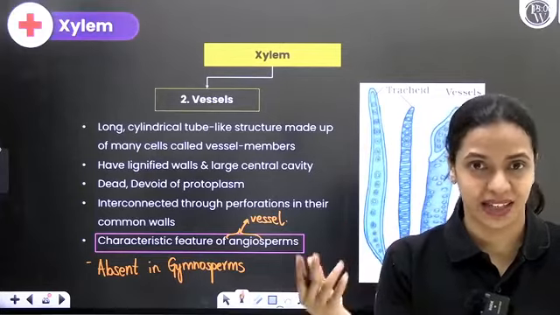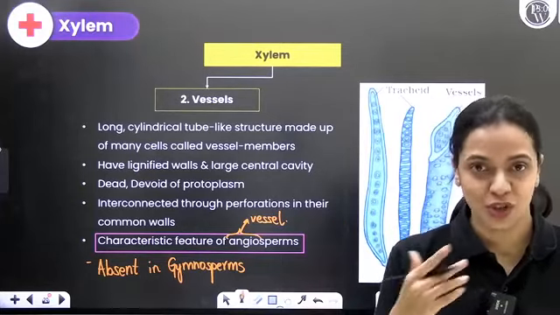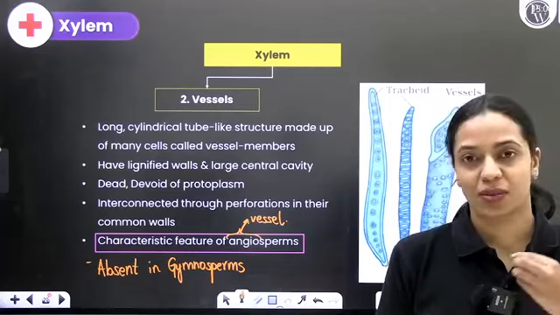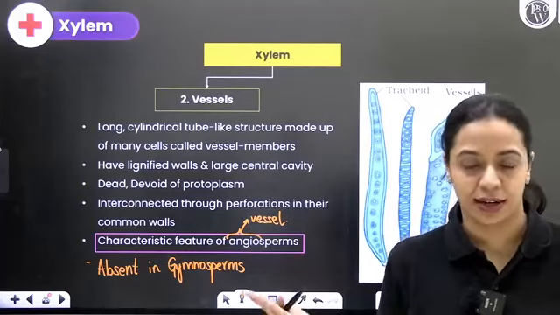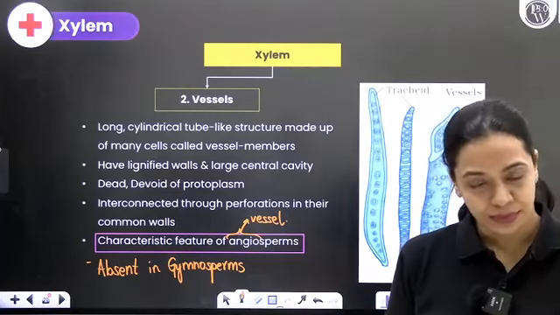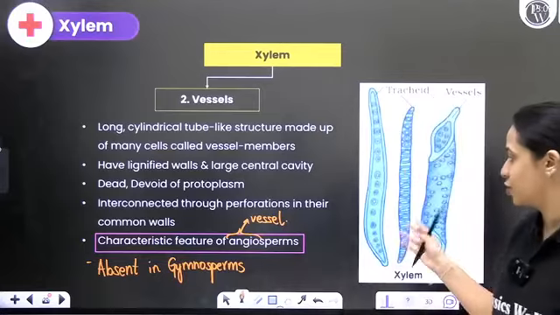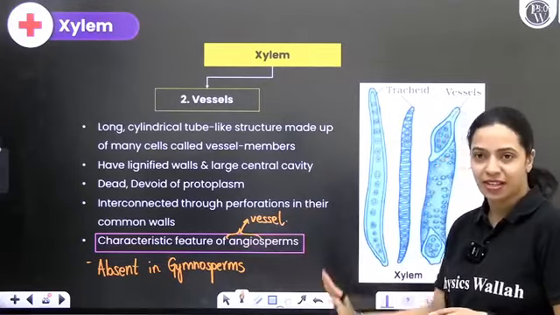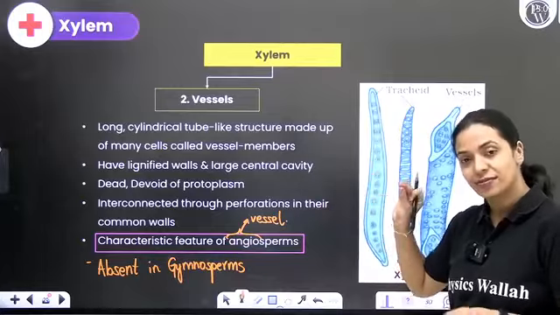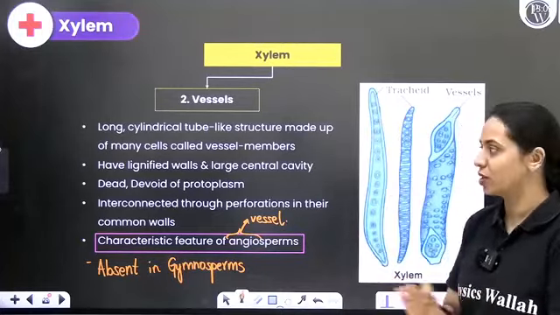Angio means blood vessel in zoology. Angio means this vessel here. So similar to how blood vessels are involved in conduction, here these vessels also form tubes similarly and help in conduction. Okay, so angiosperms, angio comes from vessel. So these are found exclusively in angiosperms and not in other groups.